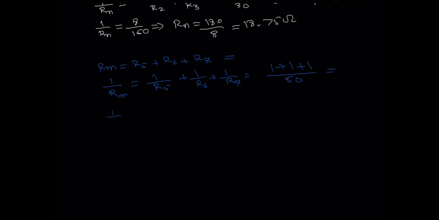So 1 over Rm will become 3 over 50. We flip them to find Rm will be 50 divided by 3. 50 divided by 3 gives me 16.67.